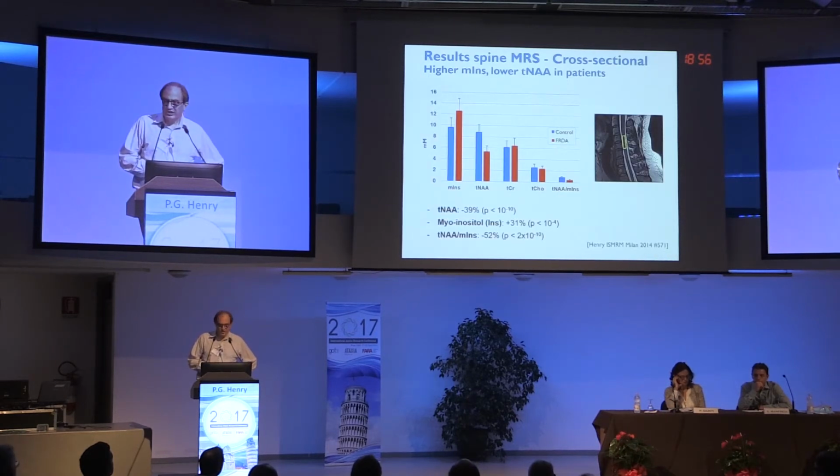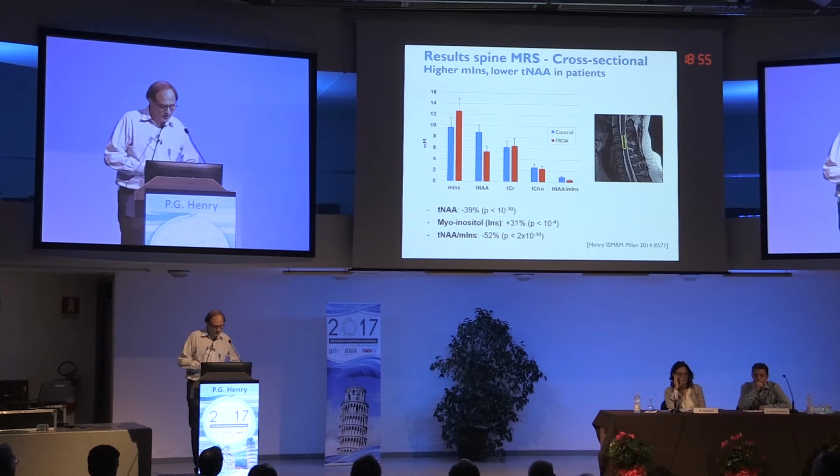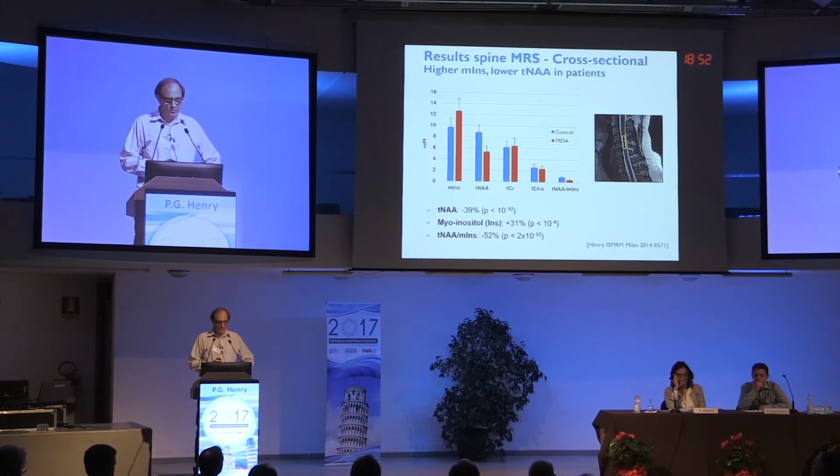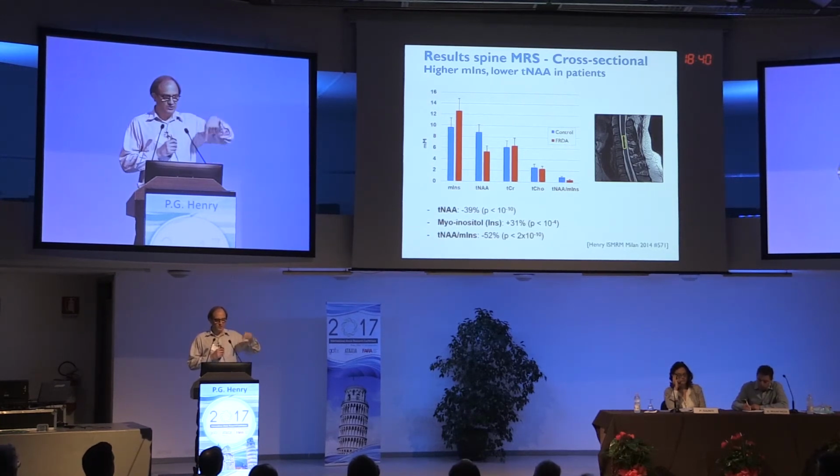These are the cross-sectional data, where on average, NAA was almost 40% lower in patients than in controls. Myo-inositol was 30% higher. And when you take the ratio to amplify the differences, with one going up and the other one going down, you get a ratio NAA over myo-inositol almost half in Friedreich's compared to controls.